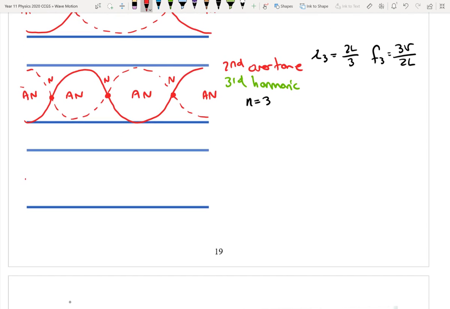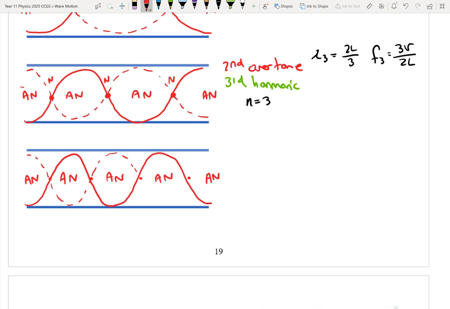You really just have to go, well, our first harmonic would be that, our second would be there, our third would be there. We need to produce 3 evenly spaced antinodes in between, with a node, with a node, with a node, and then you're basically just drawing a sine wave through those nodes.